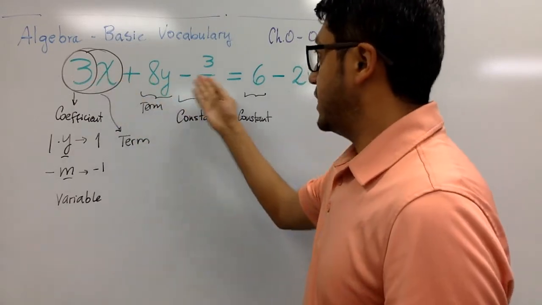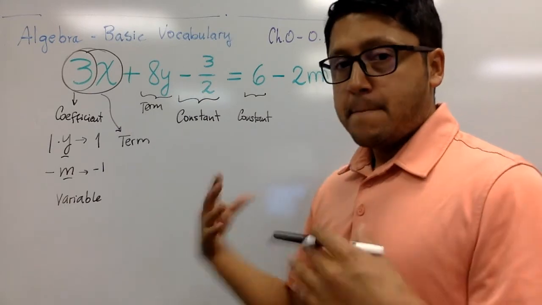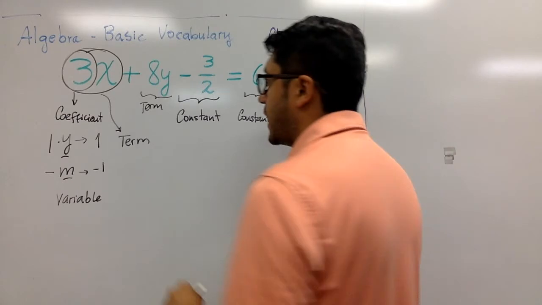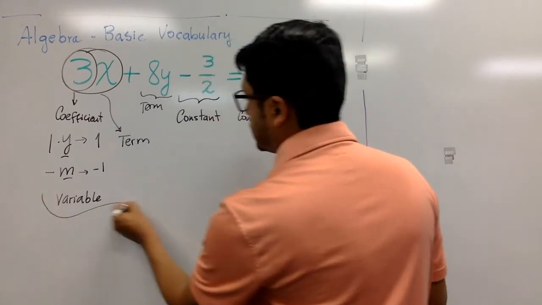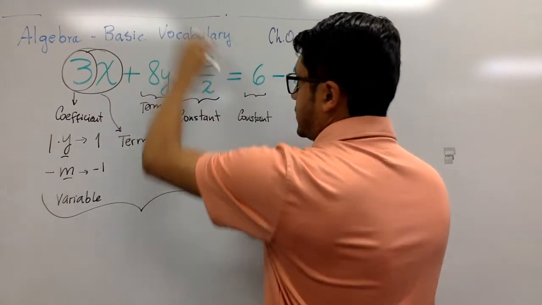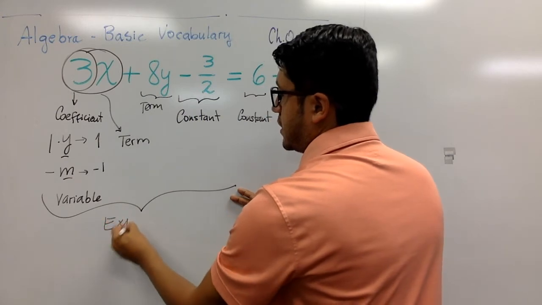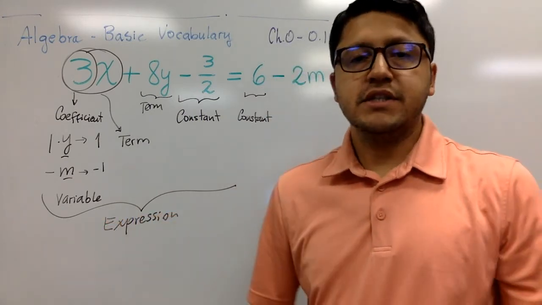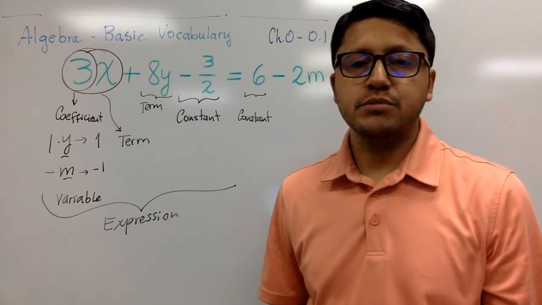So these 3 terms make up what we call an expression, an algebraic expression. So I'm just going to do this. This whole thing is called an expression. Okay? It's a set of terms. It's a combination of terms.